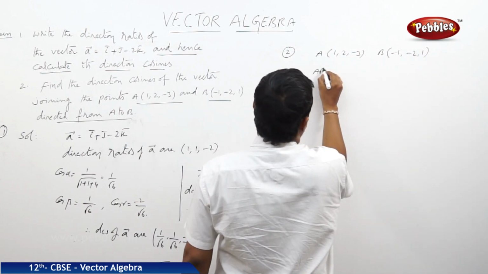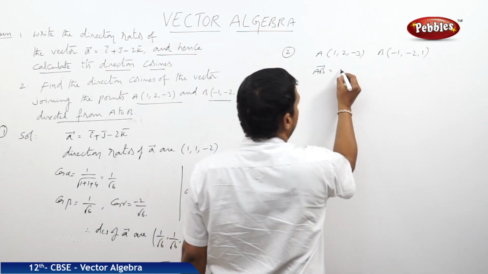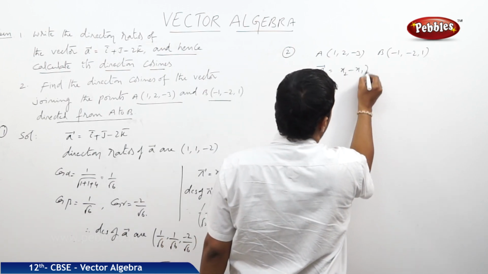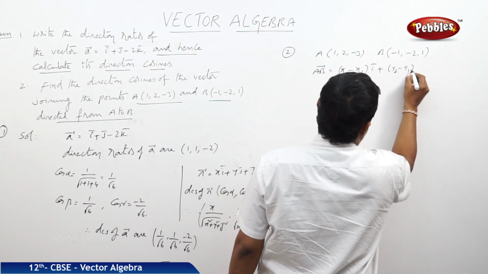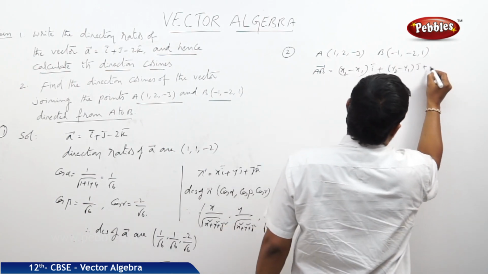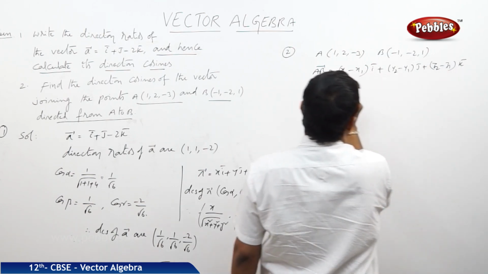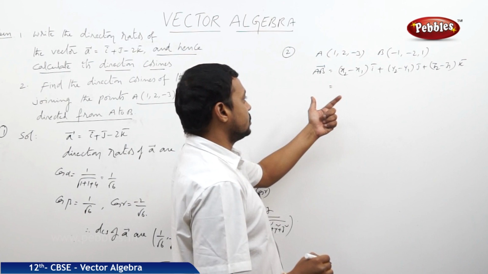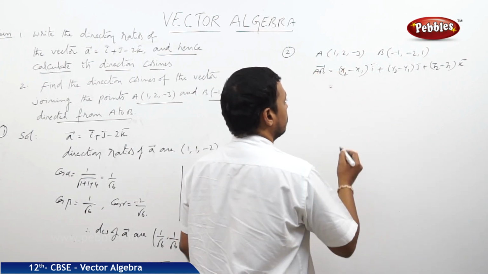Now the vector AB bar is, as we know, x2 minus x1 into i vector, y2 minus y1 into j vector plus z2 minus z1 into k vector, where x1, y1, z1 is one point and x2, y2, z2 is the second point.